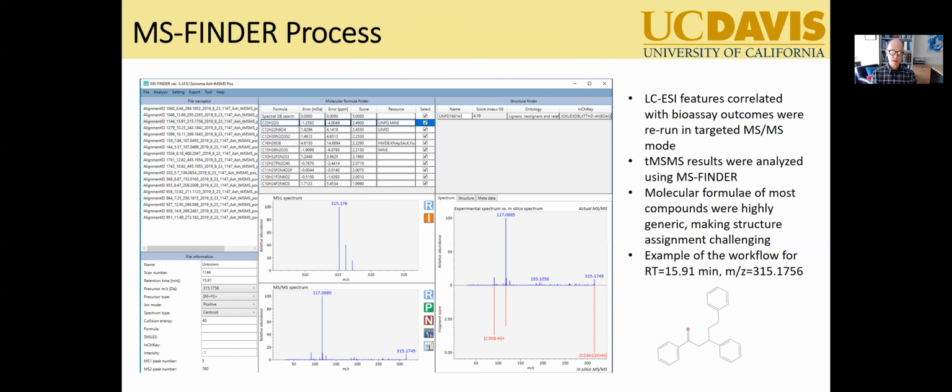We've taken a particular feature out of our alignment that we know to be statistically important and related to the bioassay results, and we find that it has an empirical formula of C23H22O, and the structure that we think it is is shown down in the lower right there, although this hasn't been confirmed. This is the tentative match to that particular molecular formula given the in silico program.